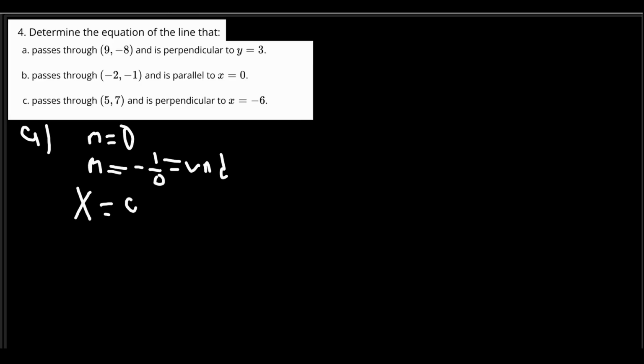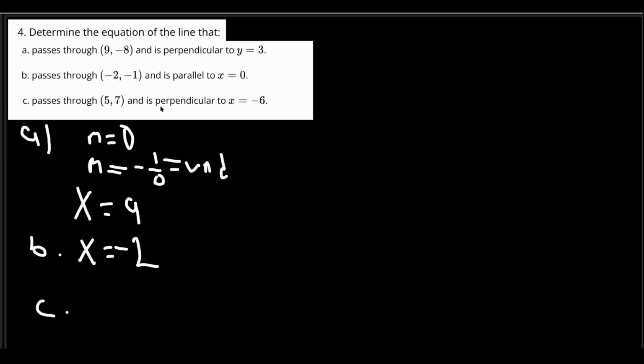So x equals 9 is A. Now for B, it says that it's parallel to x equals 0. So the slope is going to be the same, and if the slope is the same, the form is also going to be the same. It's going to come in the form of x equals something, and the x value is negative 2. So yeah, that's it.